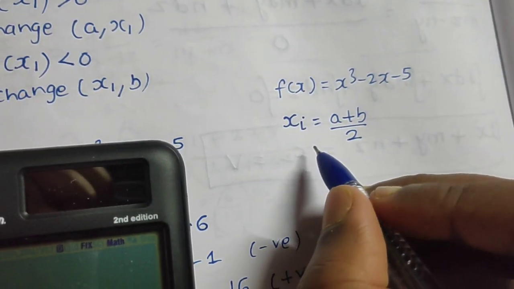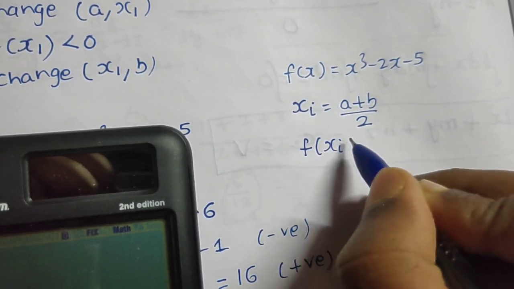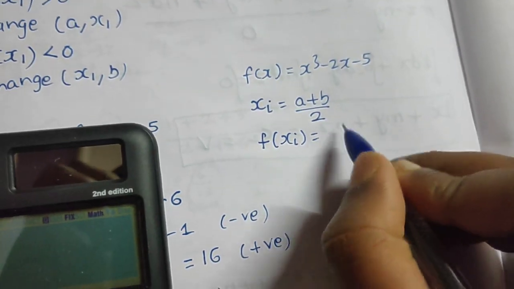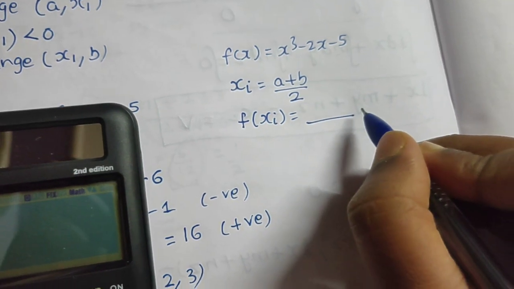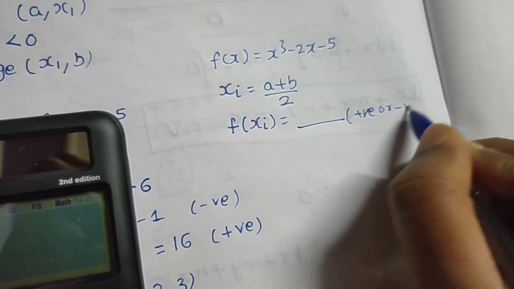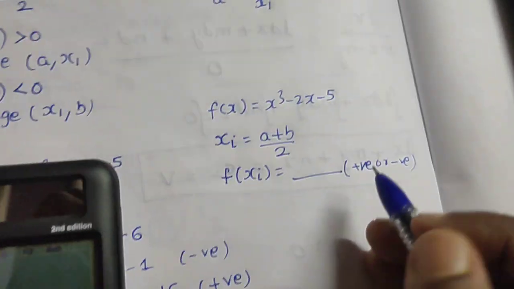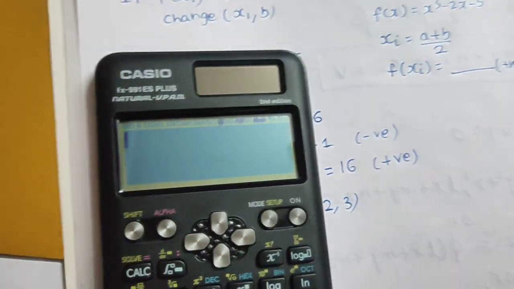Then I will always have to check the value of that function at xi. And I'm not concerned about the exact value, but I have to check whether it is positive or negative, so that I get my next interval. I change my next interval accordingly. Okay, so for that I will be using the calculator.